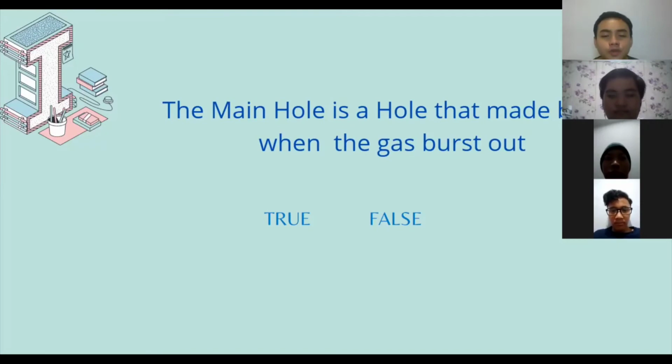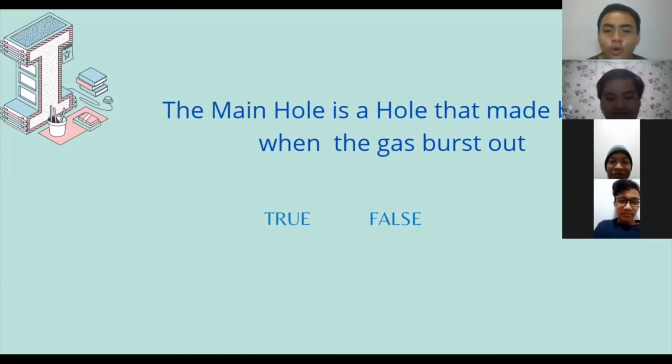Why is it false? Because the question says just gas, not magma. Meanwhile, when the gas and magma burst at the same time, they make a main hole. Not only gas, but there is magma too. That is the reason, guys.